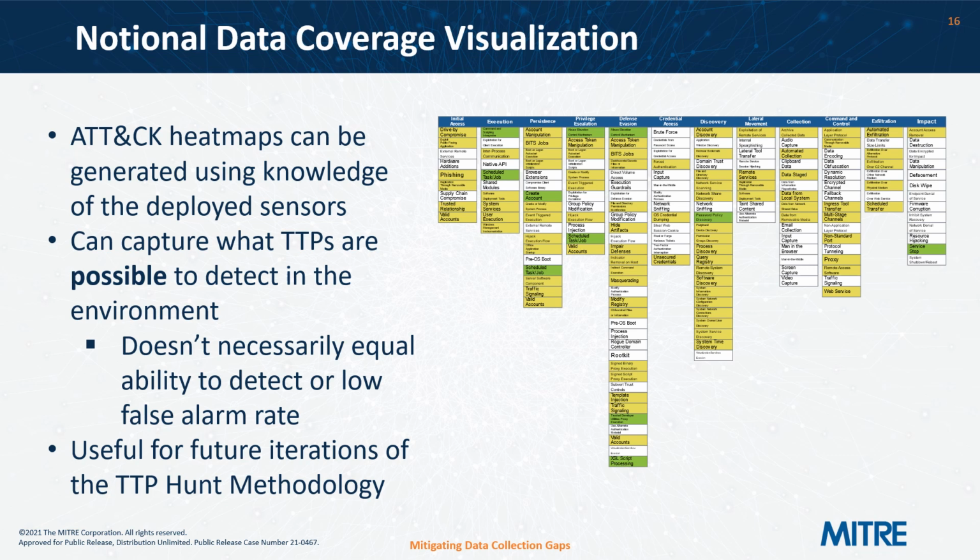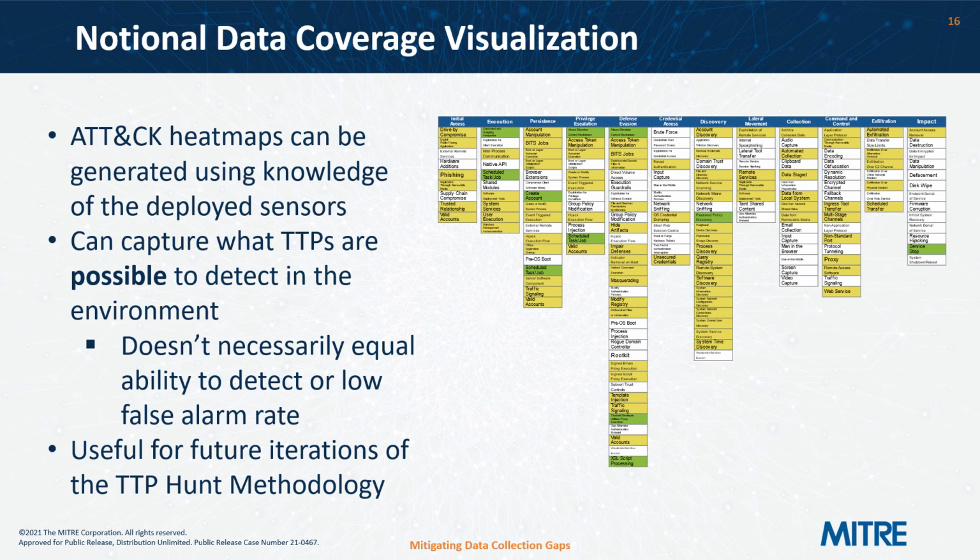It is important to note, with an assessment like this, that it only informs you what TTP coverage is possible, not what is actually being detected. Some of the things that might not be captured here are how consistently tools are deployed in the environment or consistently configured.